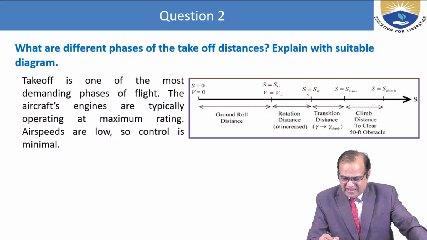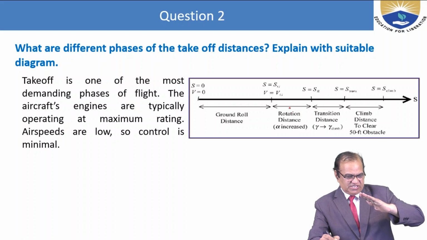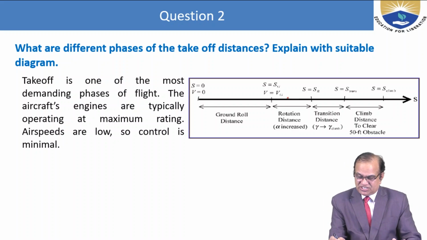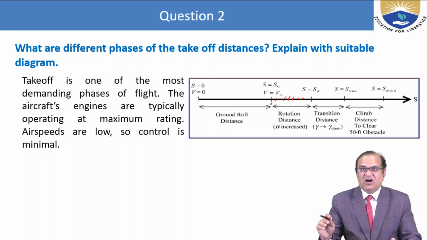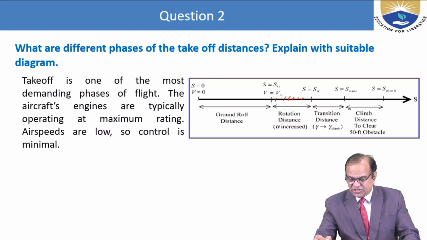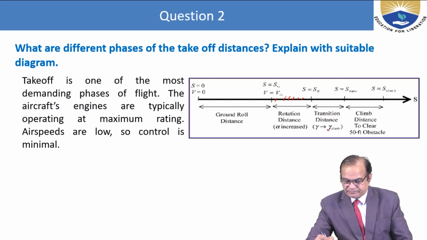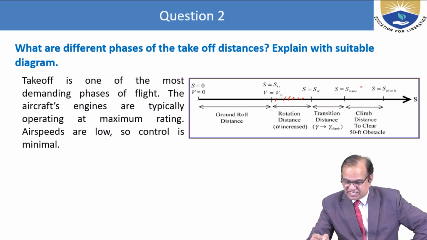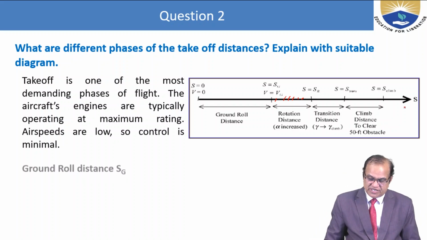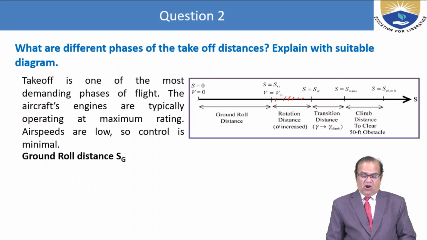Now from here, S is equal to SR. From here, the angle of attack is increased, but the wheels are still touching. In this zone, wheels are still touching the runway. From here, it is a transition distance. In this, your climb angle is initiated. Your S is equal to S transition. From here, the climb starts, and it is the S climb. So it has to clear a 50 feet obstacle.